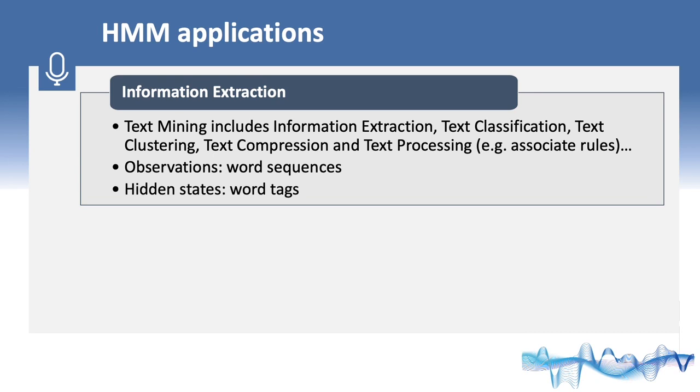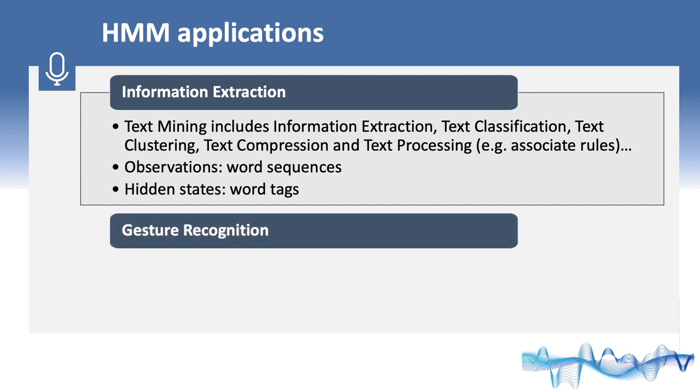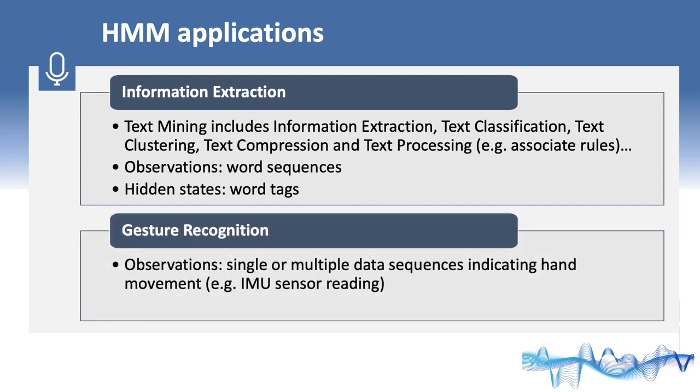The hidden states are word tags. In the application of gesture recognition, the observations are single or multiple data sequences indicating hand movement, for example, IMU sensor readings. The hidden states are gesture labels.